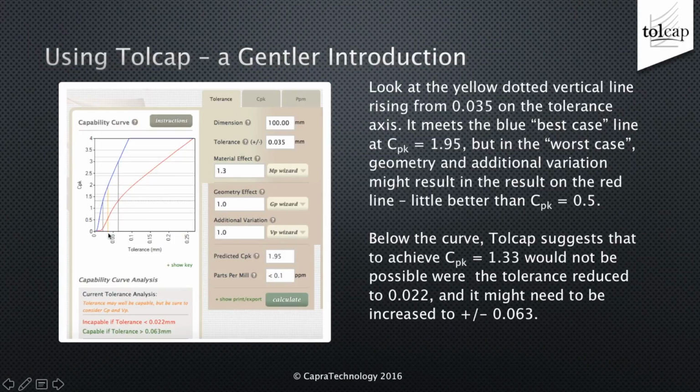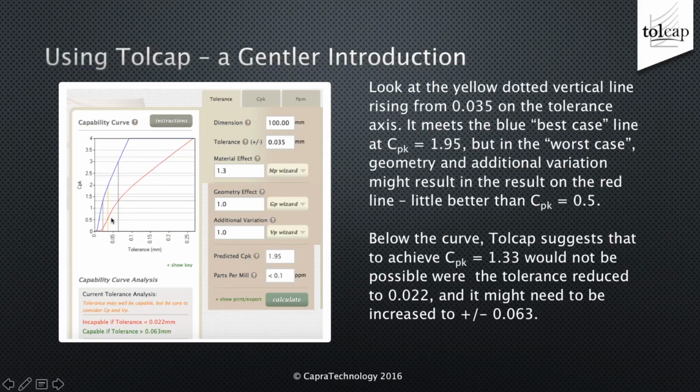Look at the yellow dotted line rising vertically from 0.035 on the tolerance axis. It meets the blue best case curve at CPK equals 1.95. But in the worst case, geometry and additional variation might lead to the result on the red line, little better than CPK equals 0.5.